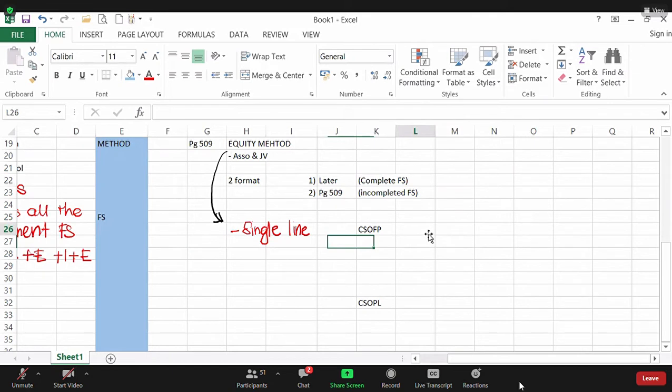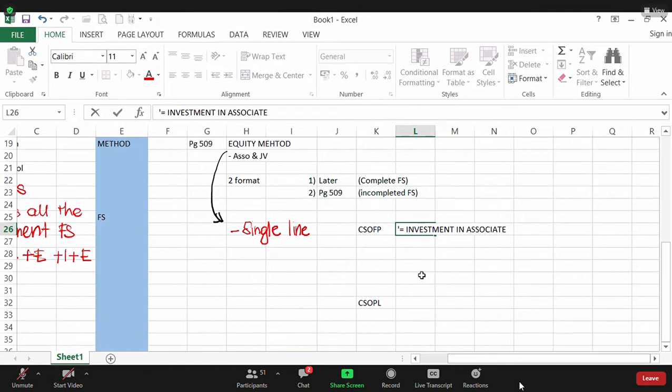In the consol SOFP, the item representing associate as a single line, we name as investment in associate.